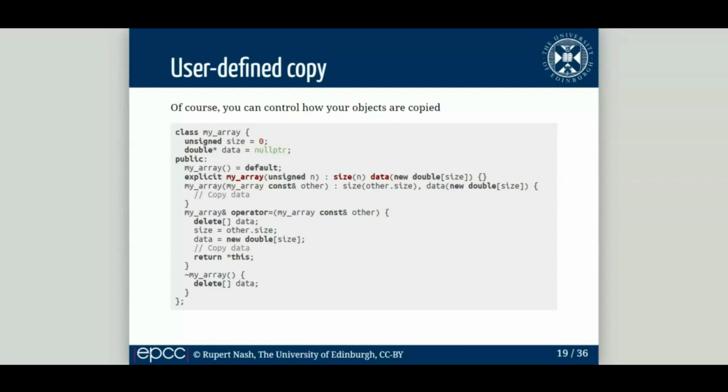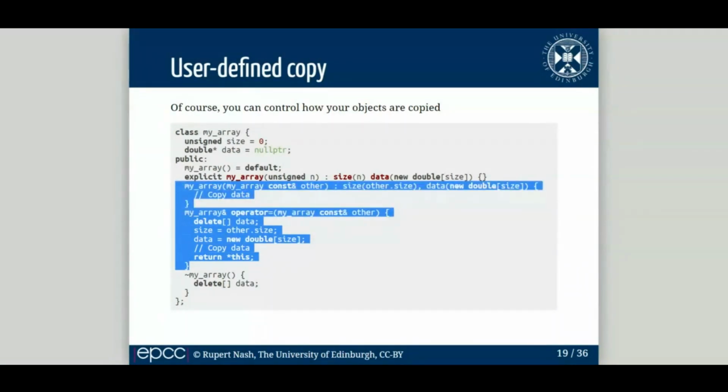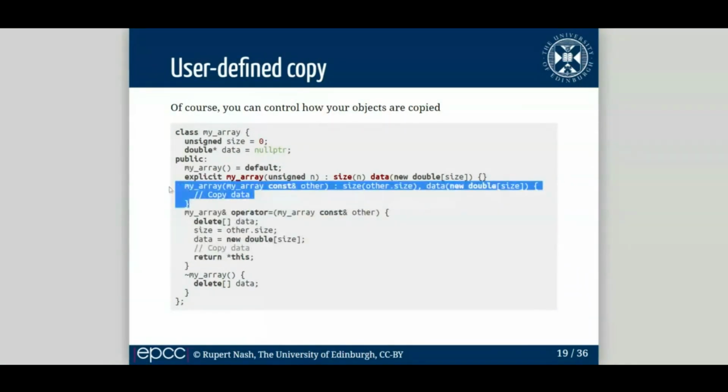So in this piece of code, there are two new functions. The first one is this part, that is when we create an array from another array. So what I do is a copy of the data. I copy the size, the other's size, and the data.